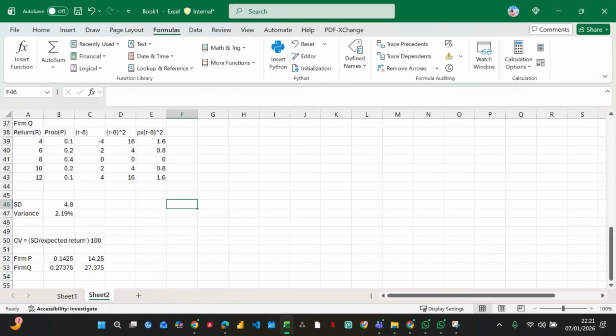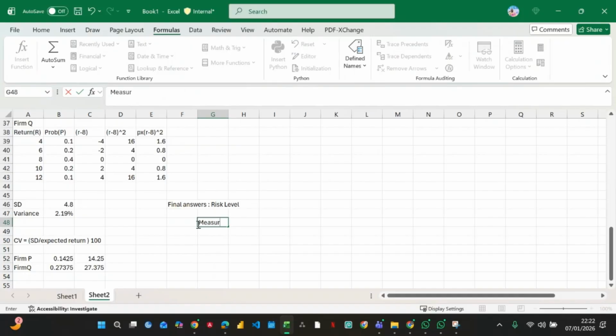Now you can see that, because all the formulas and methods we are using to determine this are put together, we have our final answers, which we use to look at the level of risk in this aspect.